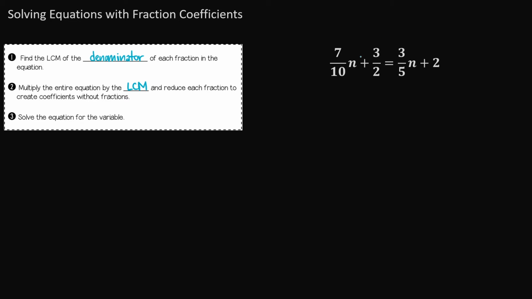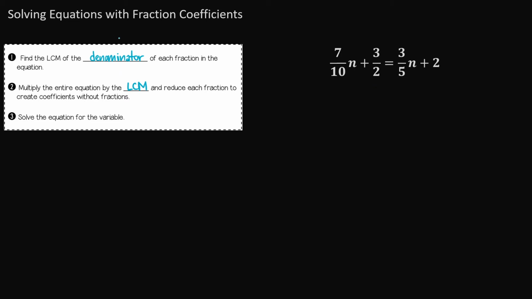So in this equation, 7/10 n plus 3/2 equals 3/5 n plus 2. Notice how we have all of these fractions with different denominators, which means we can't really add or subtract them without changing the denominators first. Instead of working with fractions, we're going to try and work with whole numbers and integers.